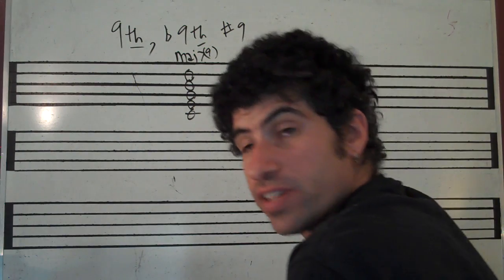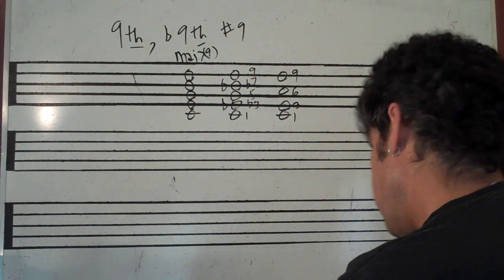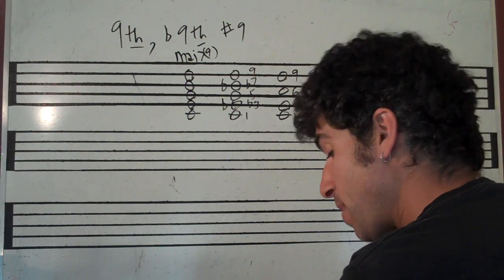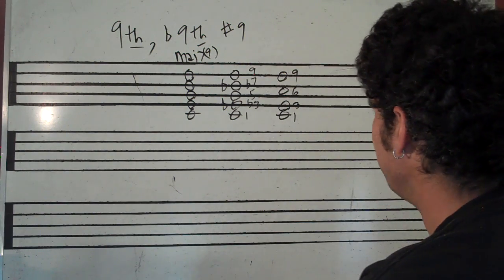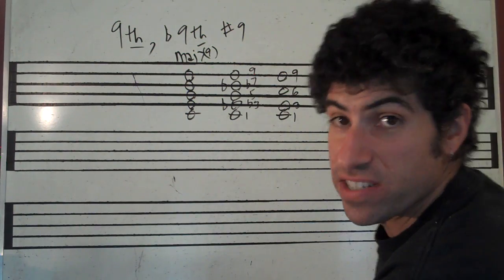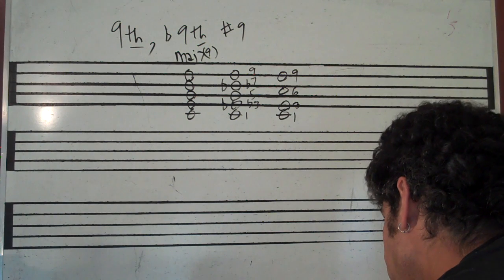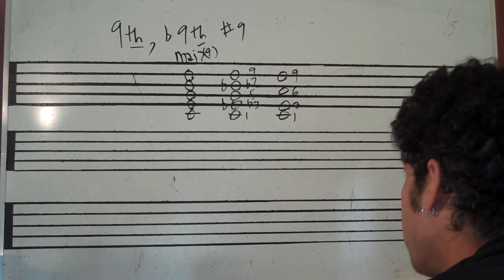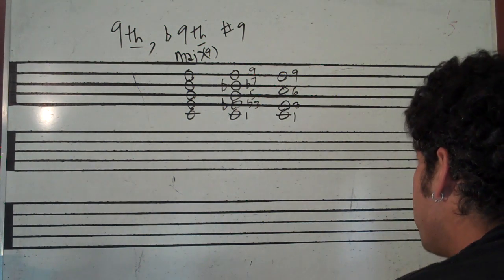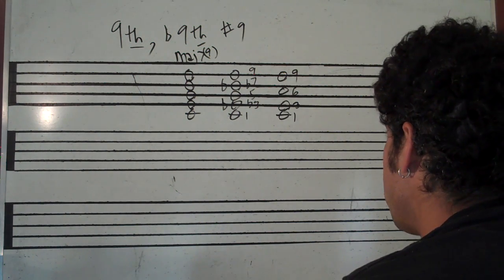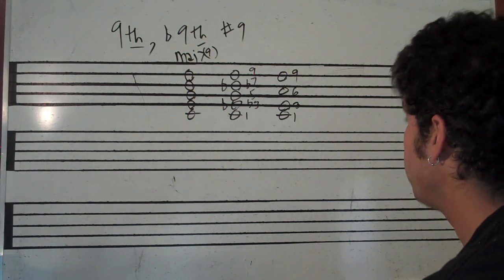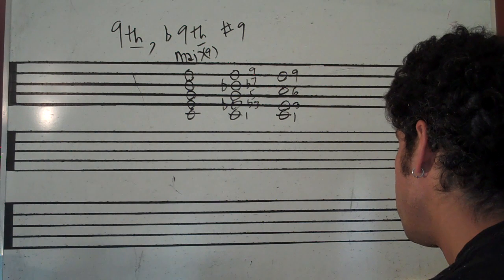A lot of times you'll hear this at the end of songs. You know, maybe Tin Pan Alley, jazz standards. So that's a 6/9 chord. And it's just a real full, rich kind of sounding chord. So you might experiment with these things.